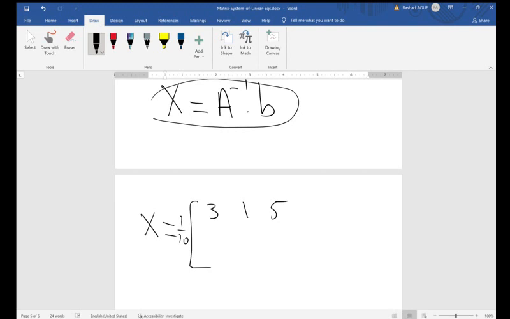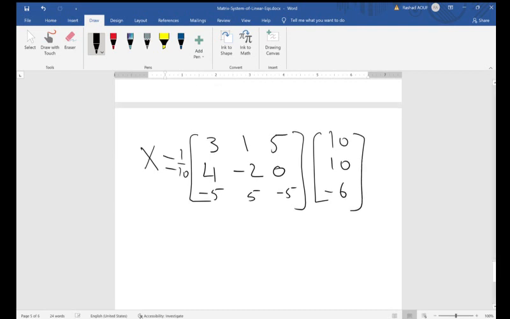If you don't have A minus 1, I'll show you later how to solve it, but the same concept. 3, 1, 5, 4 minus 2, 0, minus 5, 5 minus 5, times b, 10, 10, minus 6.